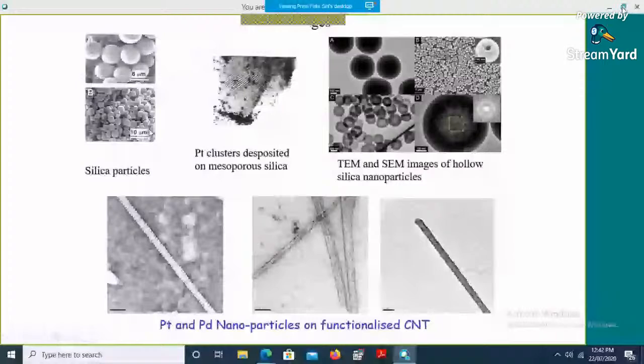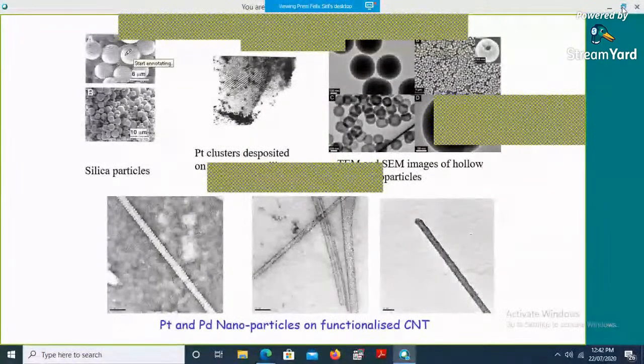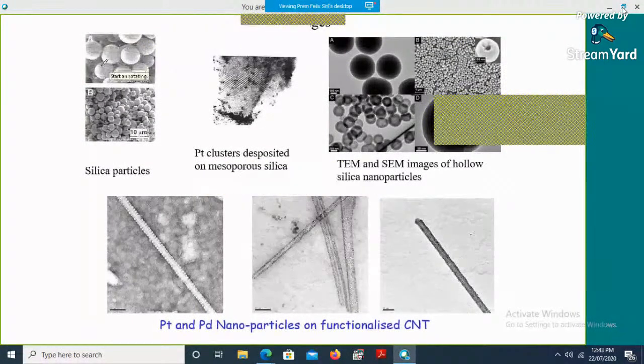Say, for example, in the first image, it is an SEM image of silica nanoparticles. They are spherical particles, but this silica is a mesoporous material. That means it has very narrow, nano-sized pores. So these pores cannot be viewed by using a scanning electron microscope.